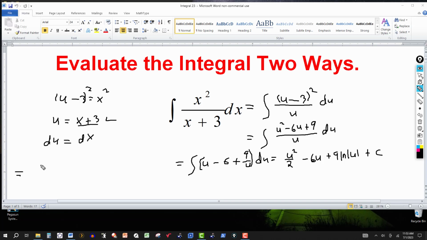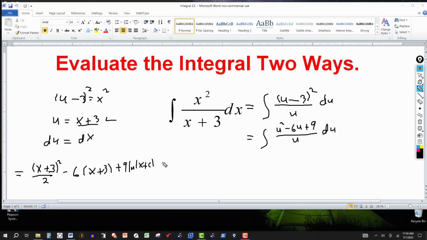So it'll be u squared here, so this is x plus 3 quantity squared over 2 minus 6 times u, and u is x plus 3. And it's plus 9 natural log of the absolute value of u, and u is x plus 3. And then it's plus the constant of integration.